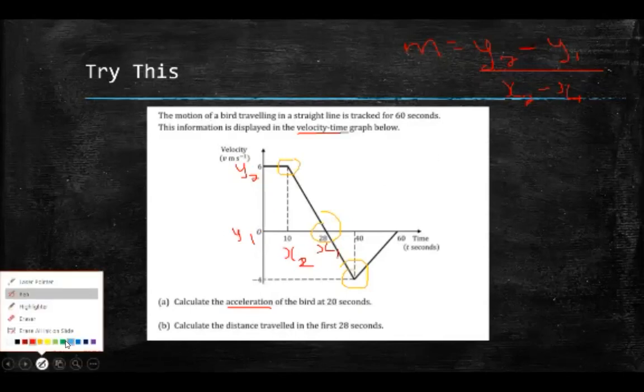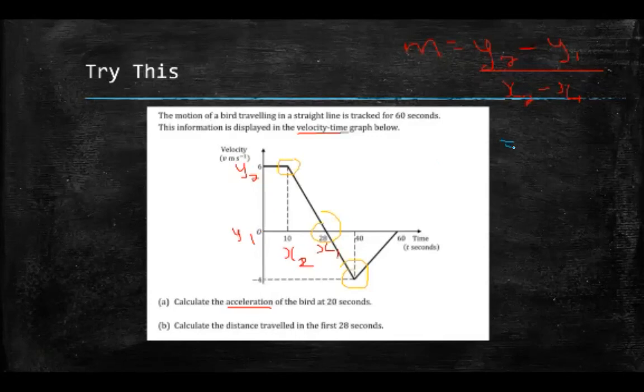Substituting these values into my formula now. M, which is my gradient or acceleration, would be y2, which is 6, minus y1, which is 0, divided by x2, which is 10, minus x1, which is 28. I would get 6 over minus 18.